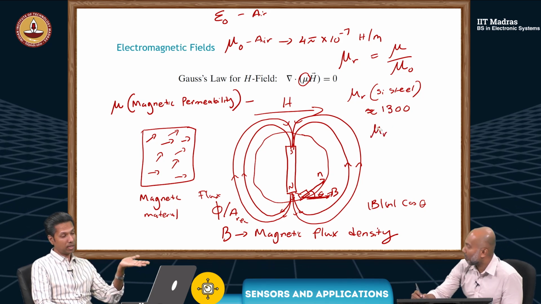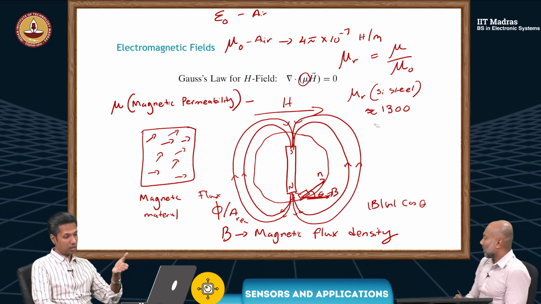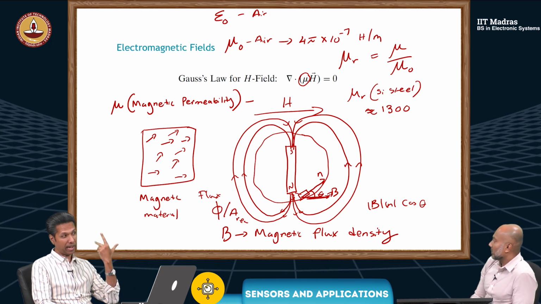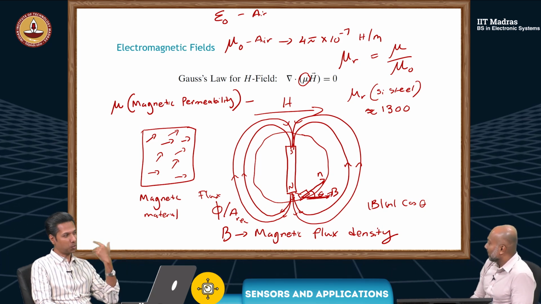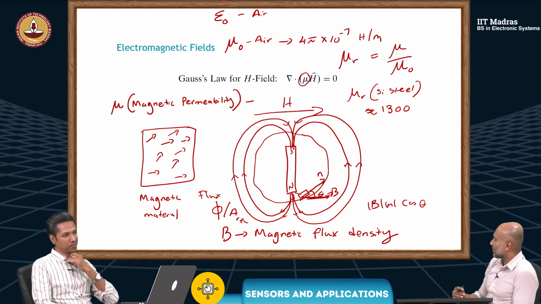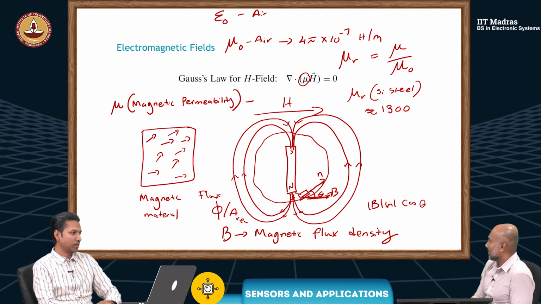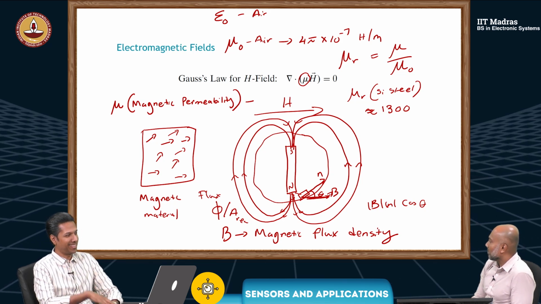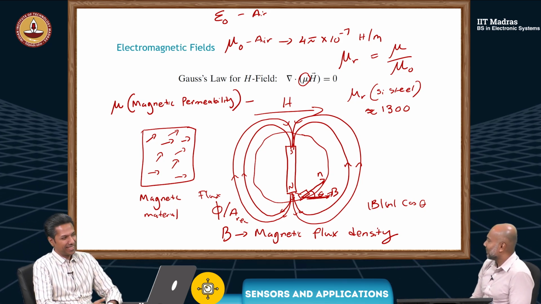But you can get materials with mu R of 1 lakh, or 50,000, though not naturally occurring. You have some alloys, something called mu metal.